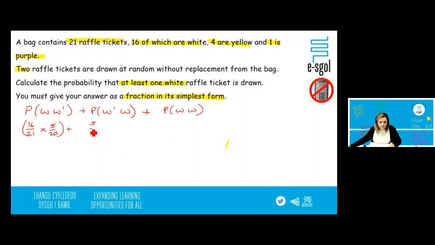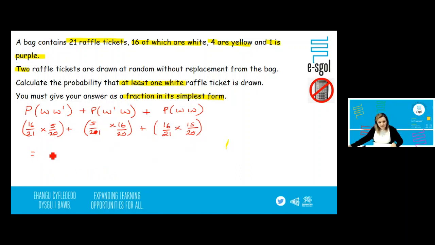The reverse process for that one, sorry, that should be a 21 there. So 5 over 21 multiplied by 16 over 20. And then the final one, 16 over 21, but the numerator now is going to decrease because we've taken the white and we're choosing another white as well. Okay, so 15 on the top there, rather than going for the opposite options.